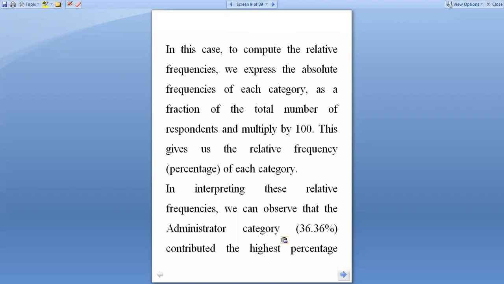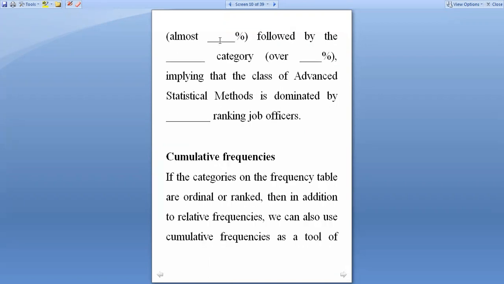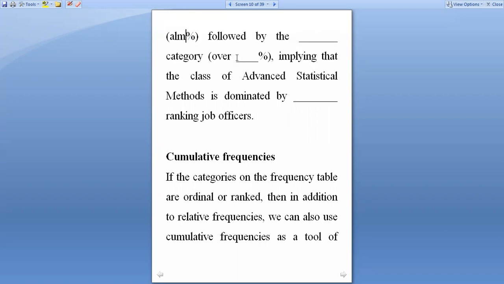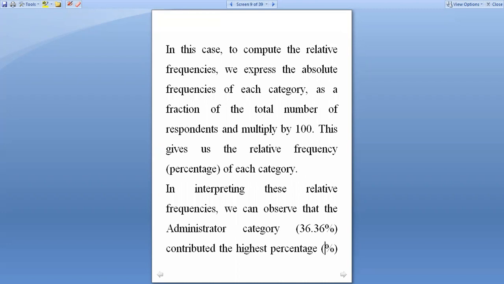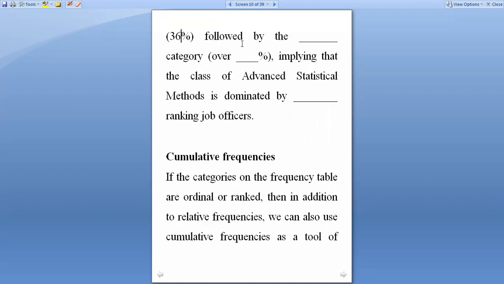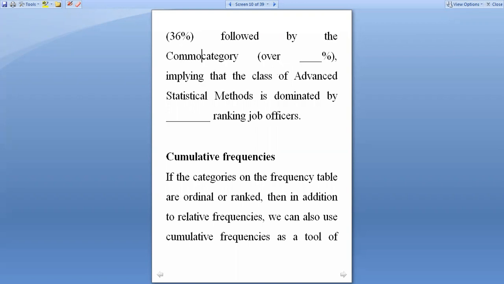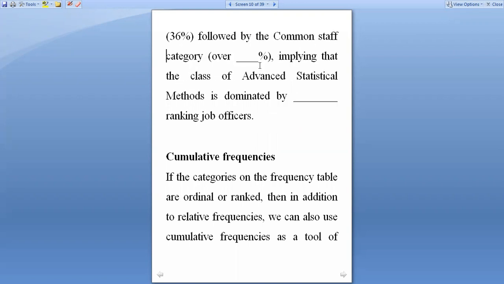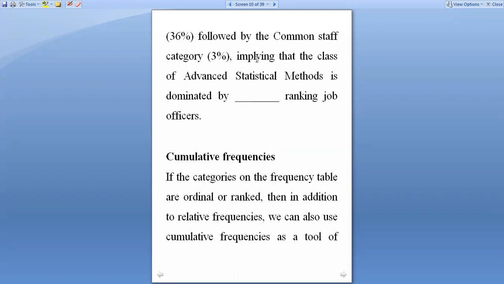Contributed the highest percentage, which is almost, if you want, you can say 36%, followed by, since they are equal, you will mention them at once, followed by the common staff category, with a percentage also of 36.36%.